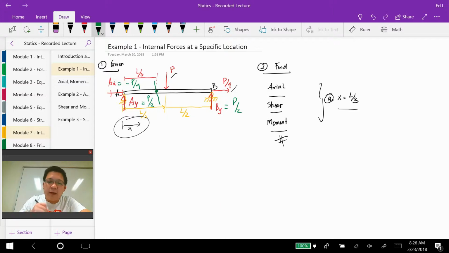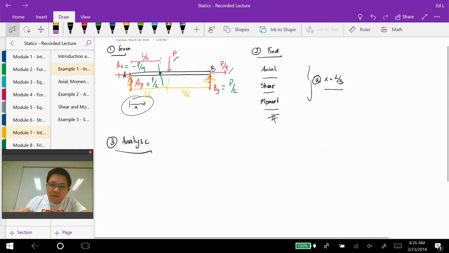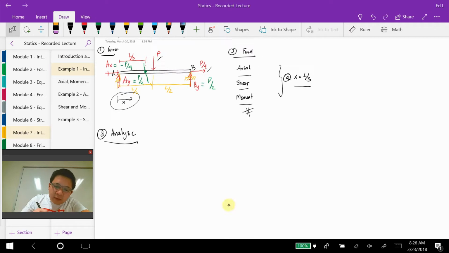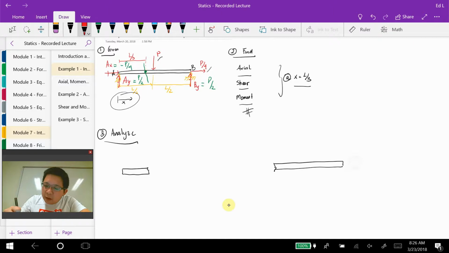When I make that cut, I separate the beam into the left hand free body diagram and the right hand free body diagram. So here I am going to sketch the left hand free body diagram and the right hand free body diagram, and then we have load P applied right there.